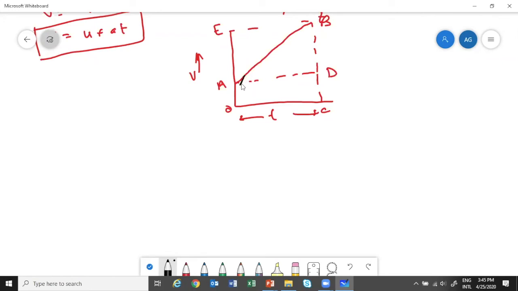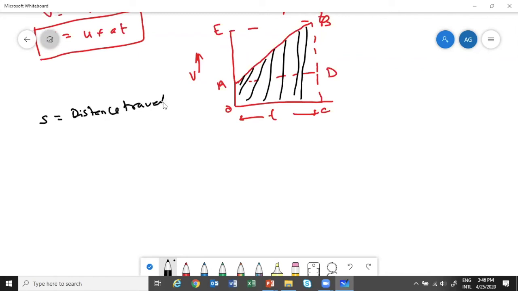This area, if we know this area, that is the total distance traveled. So area of OABC: how can we calculate it? We can calculate this area plus this area.